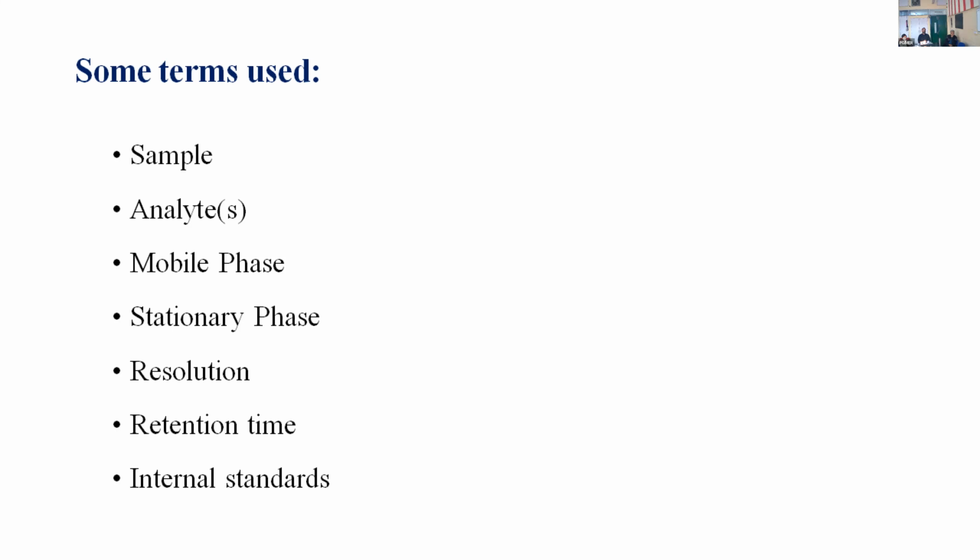Next is analyte. Analyte is the compound which we want to identify and quantify by using HPLC. Mobile phase: in the case of liquid chromatography, the mobile phase is always a liquid, and it is the carrier for the sample, which carries the sample throughout the HPLC system, and it gives the analyte the opportunity to interact with the stationary phase, which is mostly silica, and get separated during the movement.